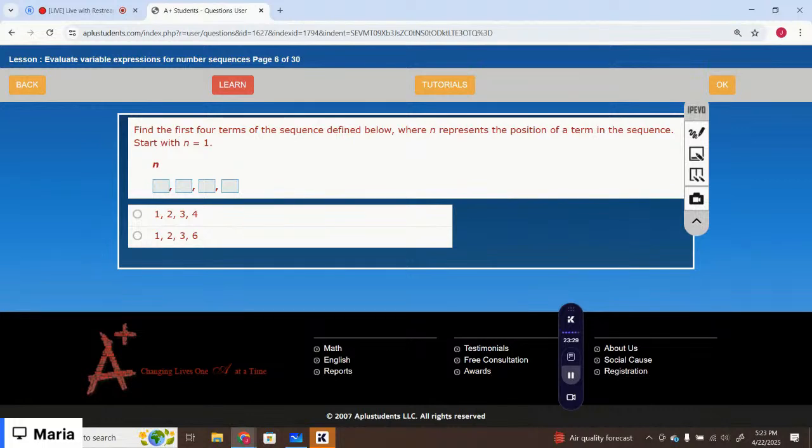Find the first four terms of the sequence defined below, where n represents the position of the term in the sequence.